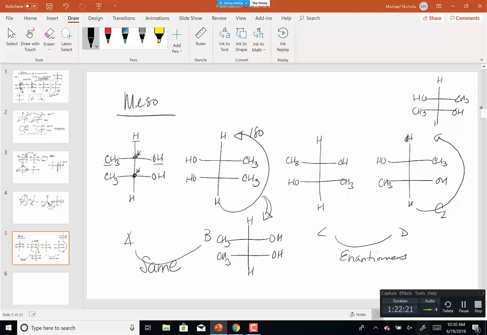Where's the mirror plane for A and B? Vertical? I'm not drawing anything. Would that cut the molecule in half?